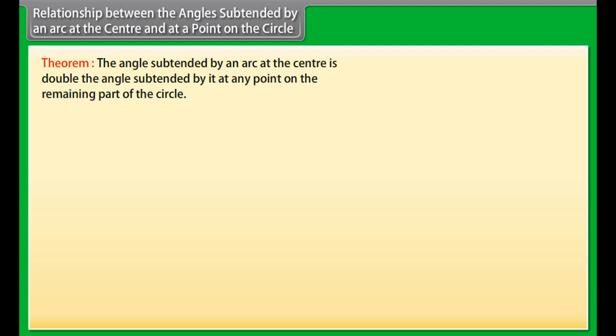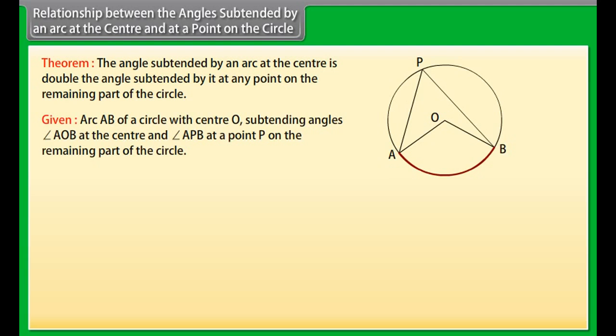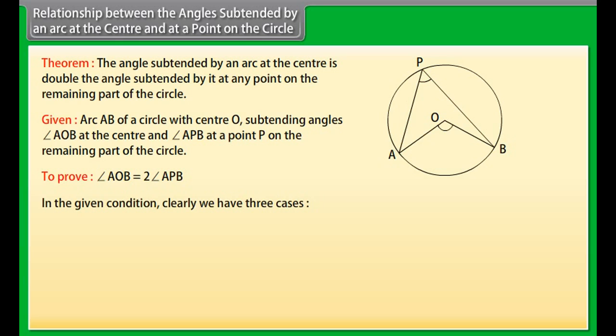Let's prove it. Given arc AB of a circle with center O, subtending angle AOB at the center and angle APB at a point P on the remaining part of the circle. To prove, angle AOB is equal to 2 angle APB. In the given condition, clearly we have three cases.